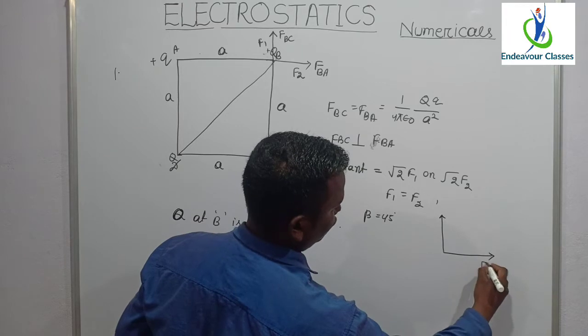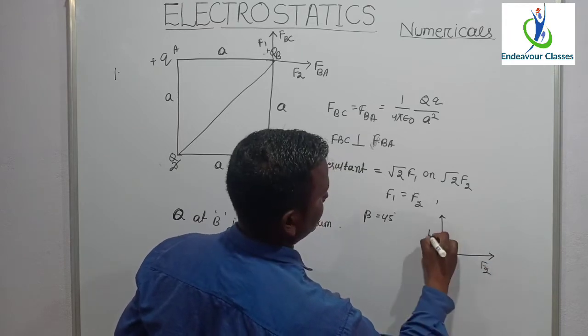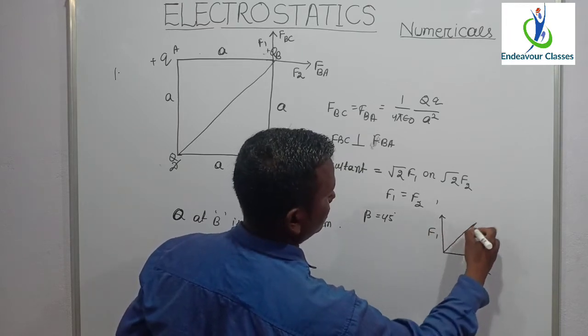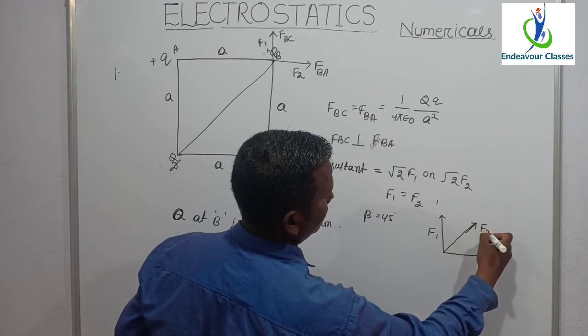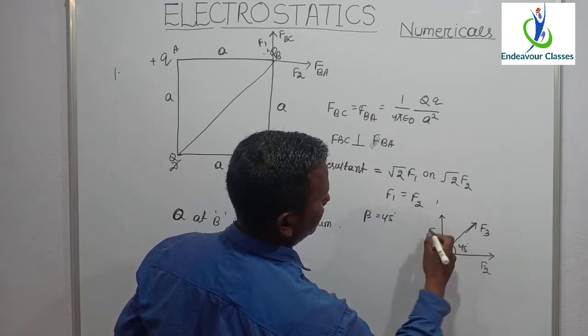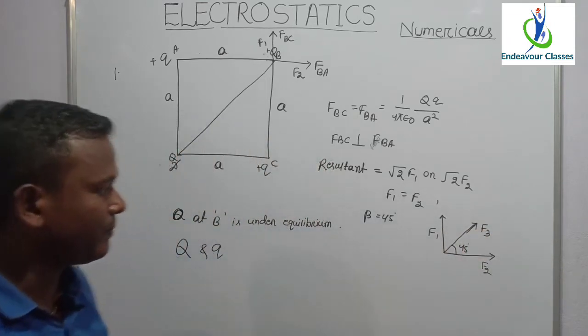So this is F1, this is F2, and the resultant, let it be F3, will go making an angle of 45 degrees with each of the vectors.